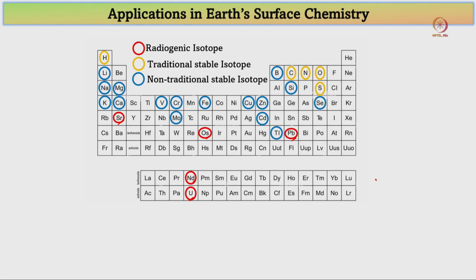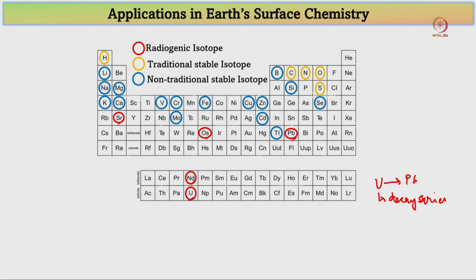The uranium series is a decay series. Uranium finally decays and I think it forms lead. So, uranium has an entire decay series and there are multiple elements formed in between.